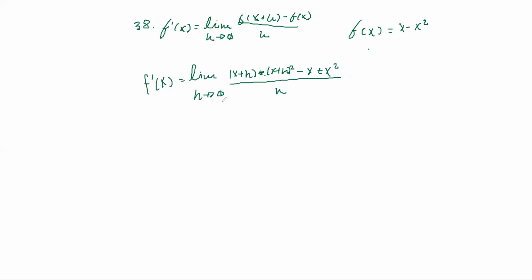Okay. So let's simplify some of this. We have the limit of h going to 0. Wait, okay, first, is everyone okay with what just happened? Putting this equation into here. Okay, ignore the t's. The t's were really stupid.